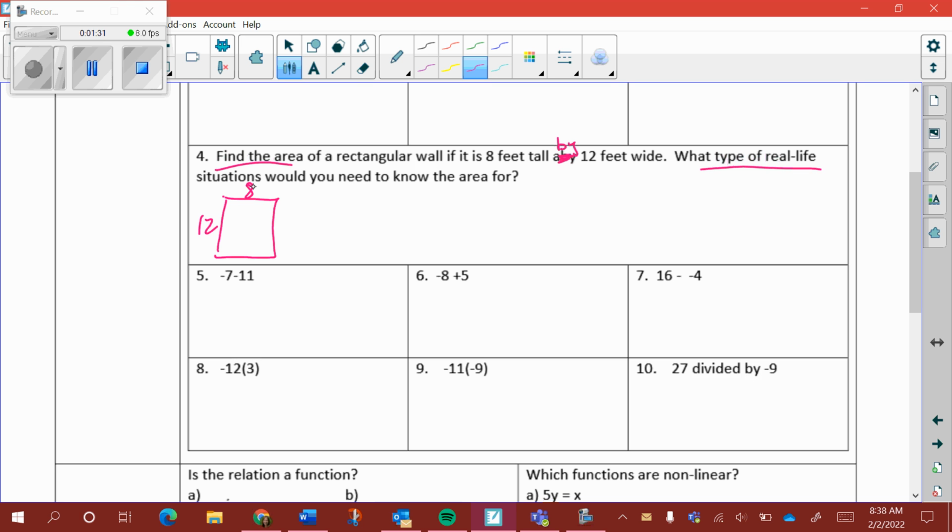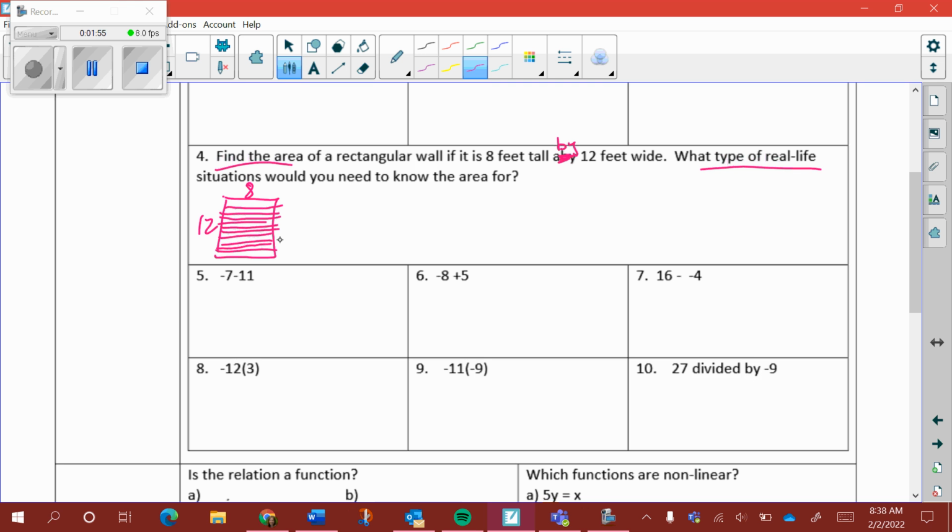12 by 8, and we would multiply those. So for area, because it's a square, it's going to be square, so it's like 12 this way. And then we have, so it's 1, 2, 3, 4, 5, 6, 7, 8, 9, 10, 11, 12.